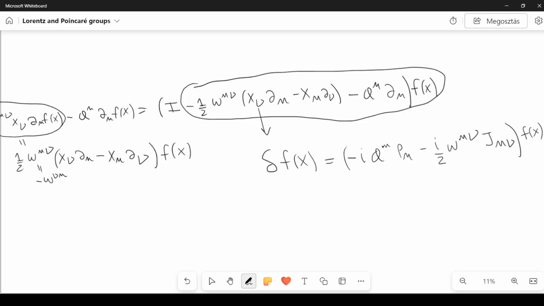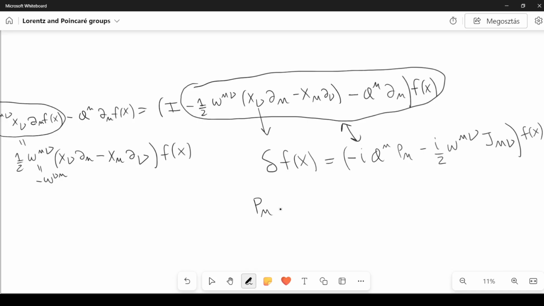And of course, since here we have a mu with the index mu, we must contract the index mu with another object which we call p mu, because there is no mu here. And similarly, you must multiply omega mu nu by j mu nu, summing over mu and over nu, because there is no index there.